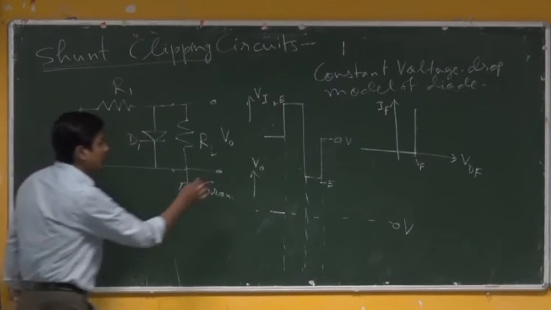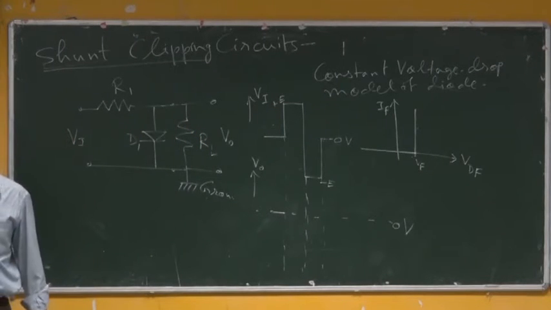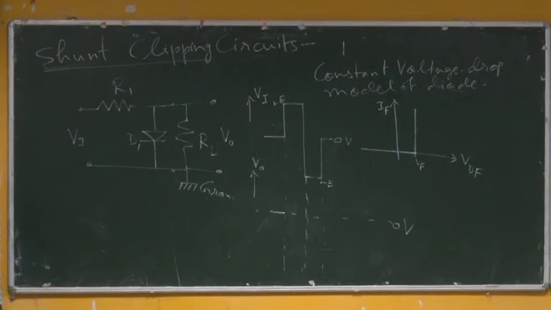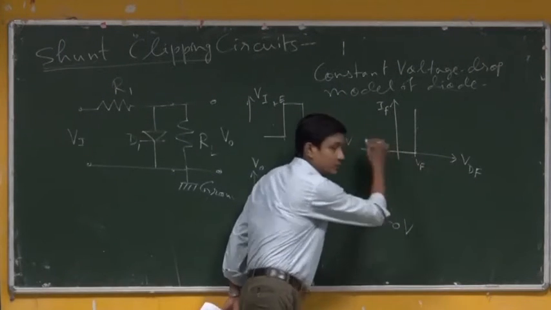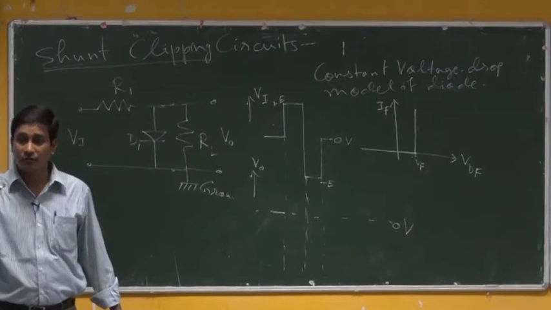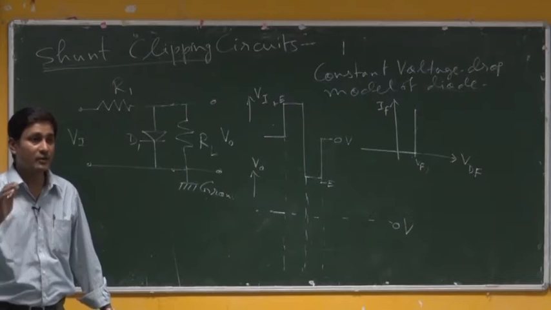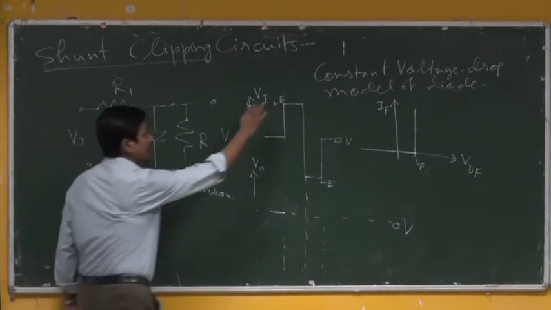Now, immediately after this, if the voltage goes to plus E, which is much more than the potential Vf which is defined for that diode and its constant voltage drop, after which the current will start flowing. Say this voltage is that high.